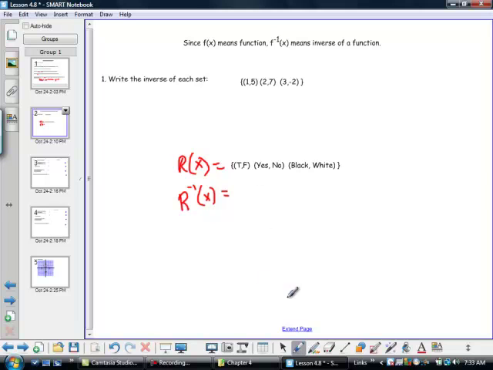Okay, how do I take the inverse of this? Oh, I just switch x and y. So my new function would be, yes, and white, black. Very simple.